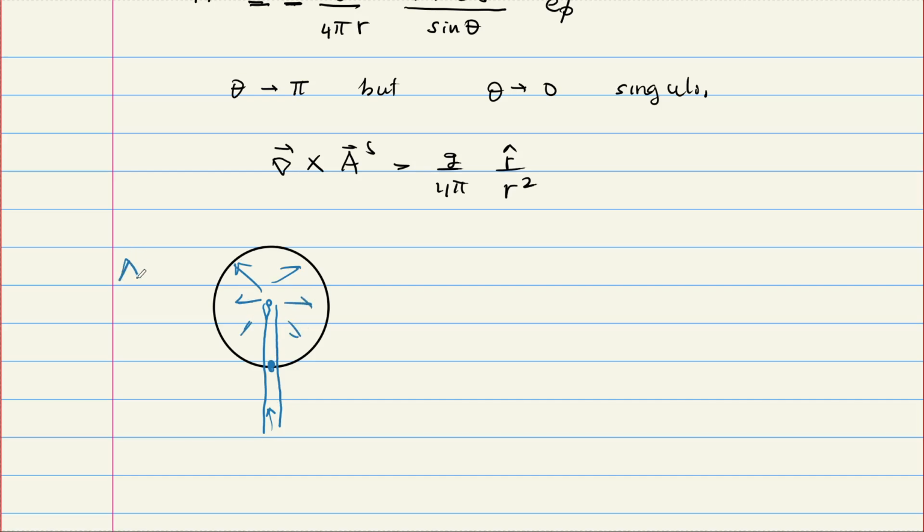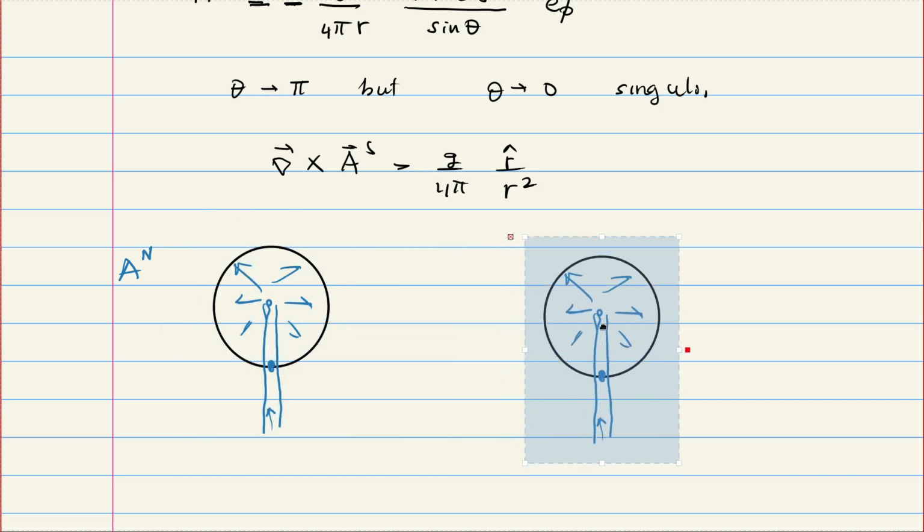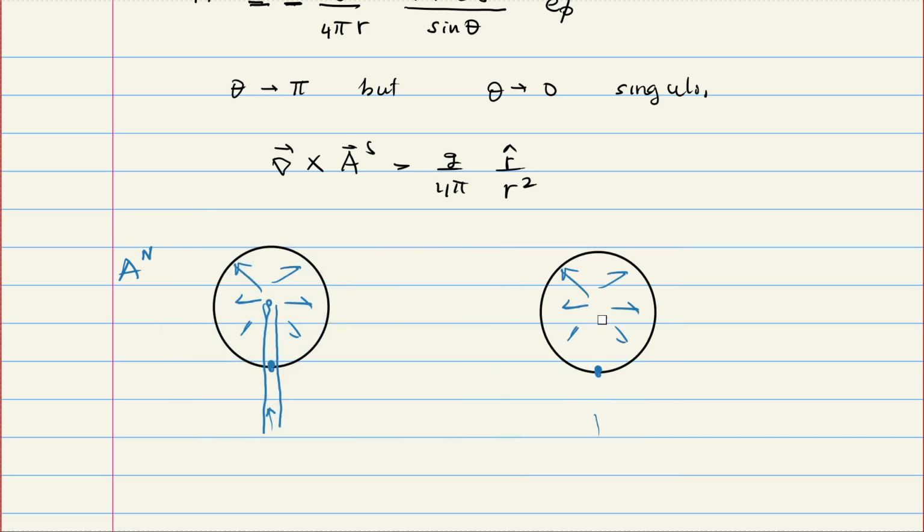So this is A north, which is regular in the north. The second choice is, where is the flux tube in the second choice? What is the reasonable place for this flux tube to enter? Yeah. So in this case, the flux tube or Dirac string enters from north and it emanates the necessary flux.